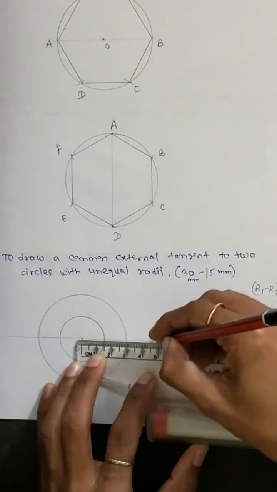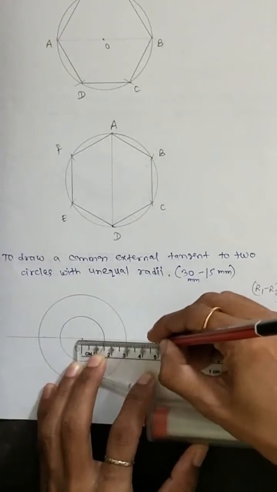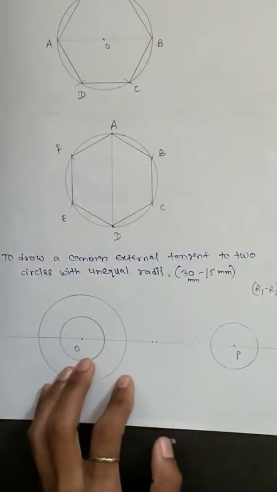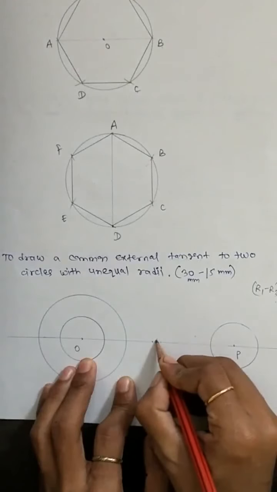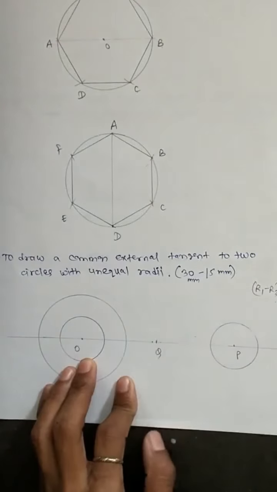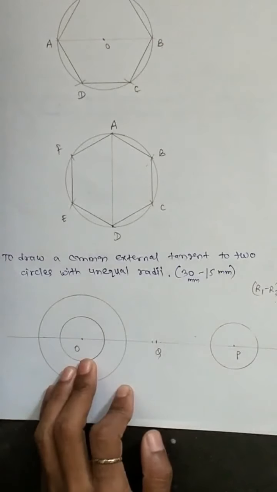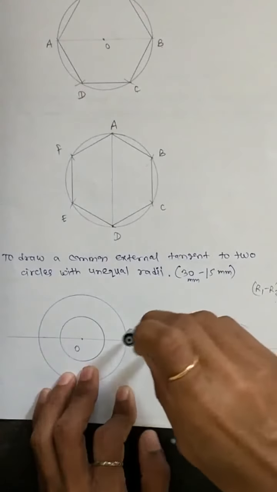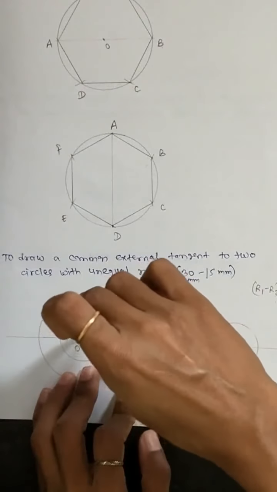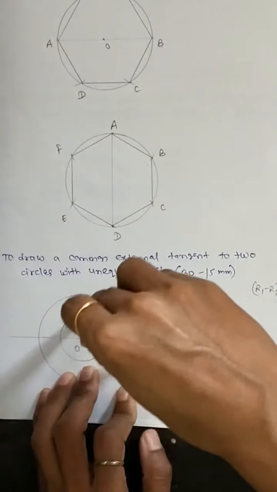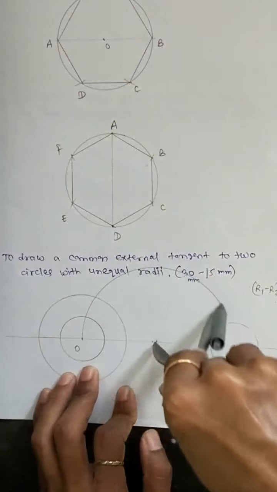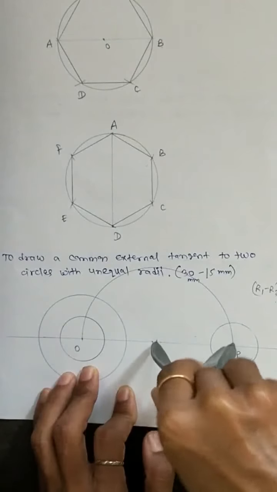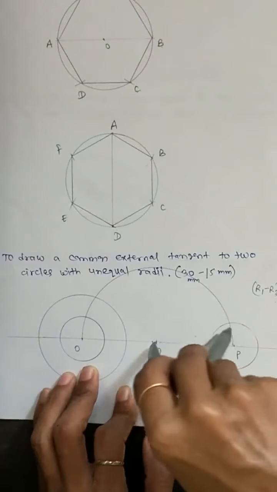So take a 49 distance and give the name point Q to this point. Then draw a semicircle with radius OQ. So OQ is the radius. Draw a semicircle which touches the point P.